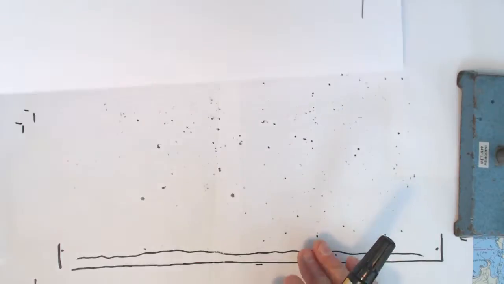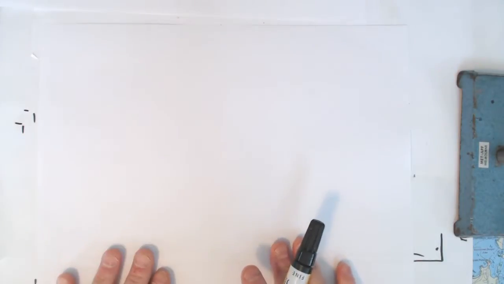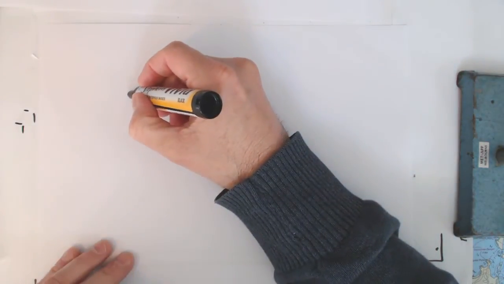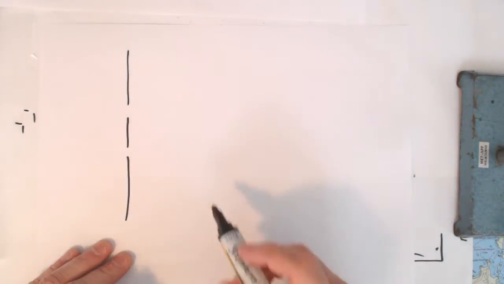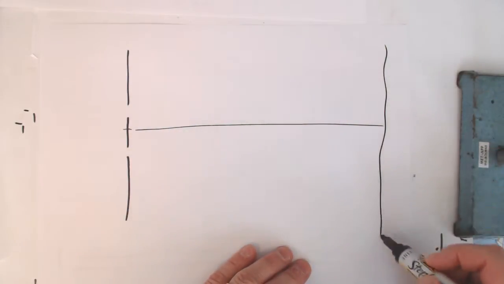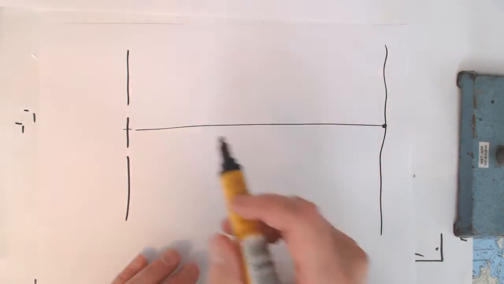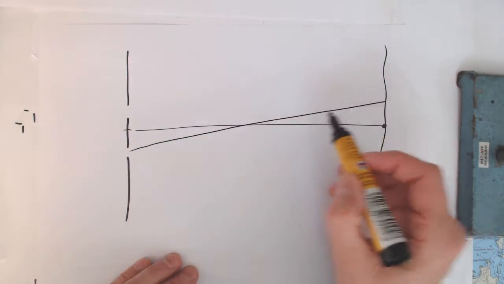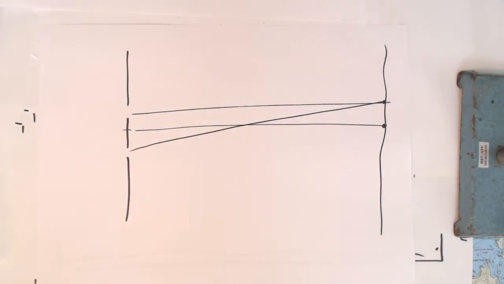Now, one of the issues that happens with all this is when you actually get white light, right? So you've got your slits, and you've got your screen over here. Now with white light, you're still going to get that central bright maximum, but we talked about the fact that the distance for one of them to travel might be half a wavelength difference.